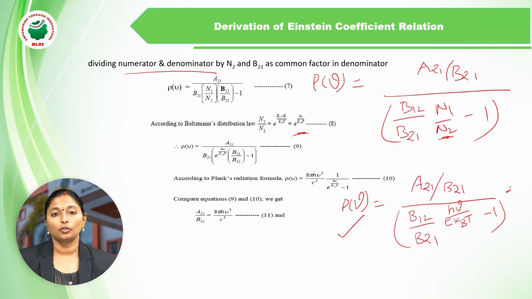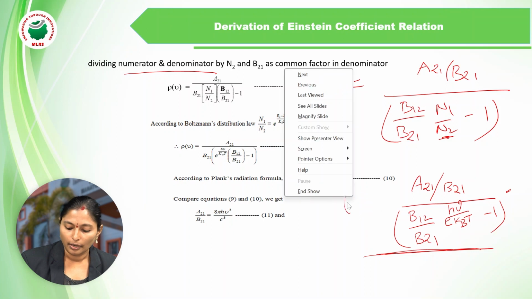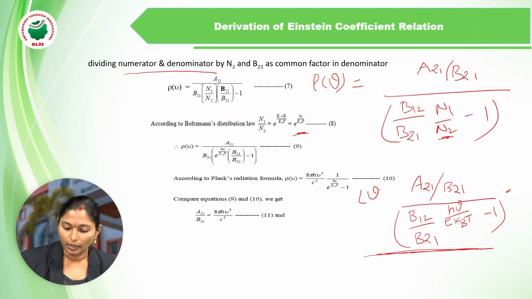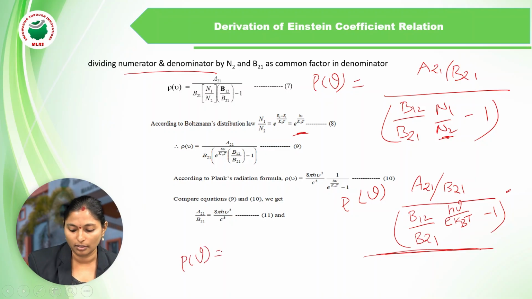Now we are going to compare our energy density value with Planck's energy density radiation. According to Planck's radiation law, this is also a direct relation, the second direct relation, after the Maxwell-Boltzmann distribution law.